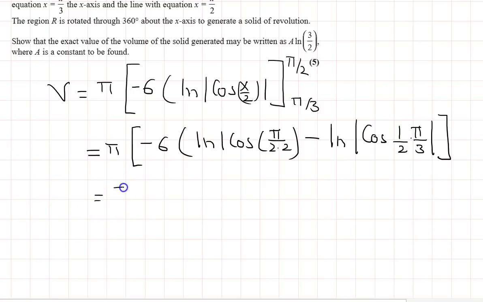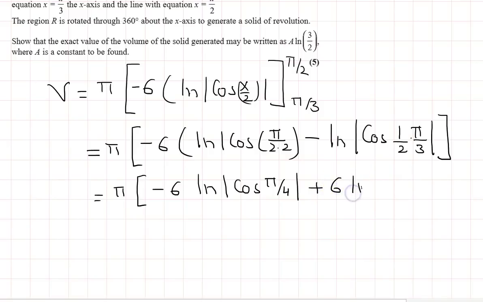So this will be equal to pi times minus 6 ln cos pi over 4, plus 6 ln cos pi over 6.